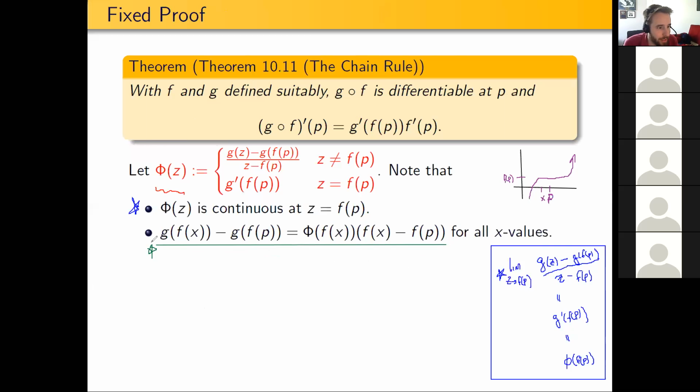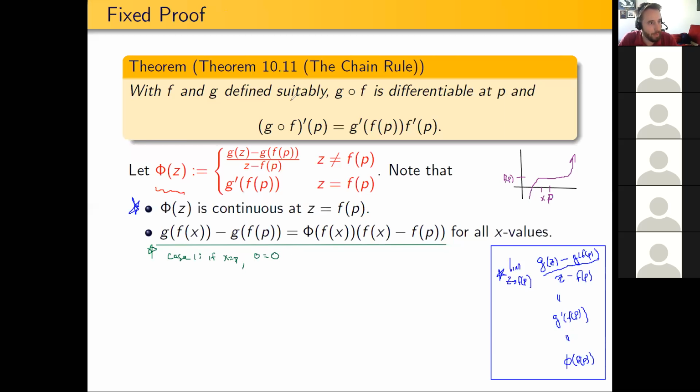And it's actually not too hard to show. We have to break it into two possible cases. Case one, if x equals p, this just simplifies down to 0 equals 0.